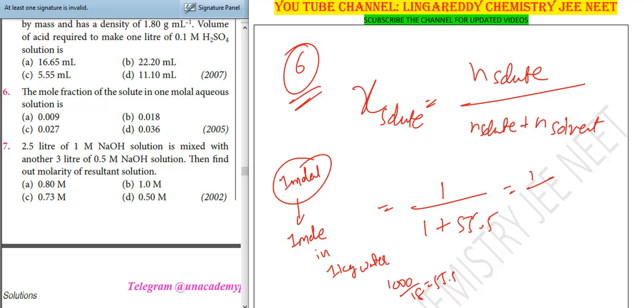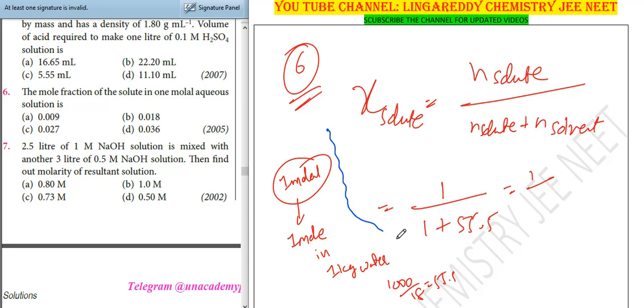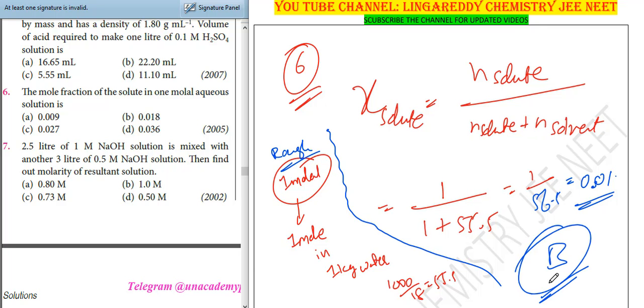This is just rough work I did. Now 1 by 56.5, approximately 0.0178. So option B is the correct answer.